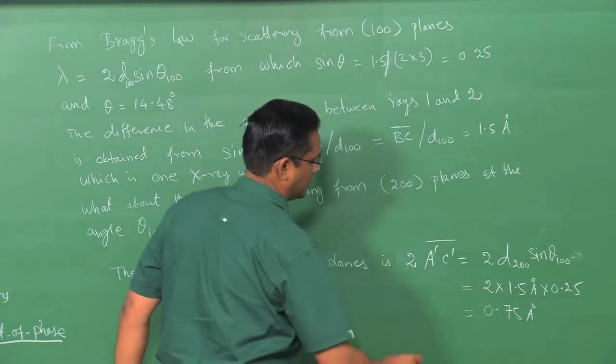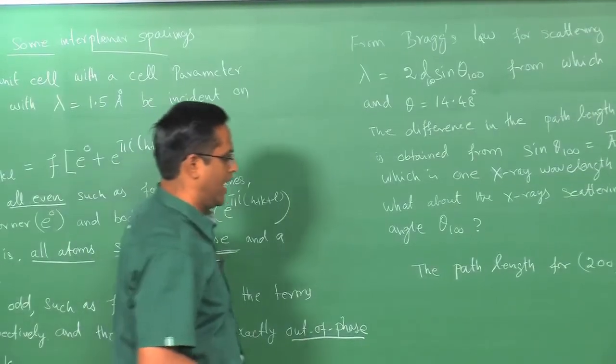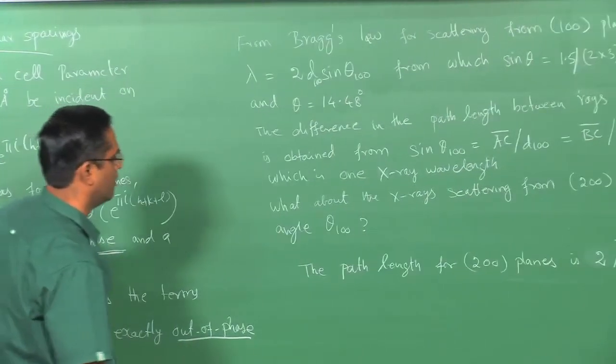If you substitute this, you will get 0.75 angstrom as a path length, which is half of the wavelength.